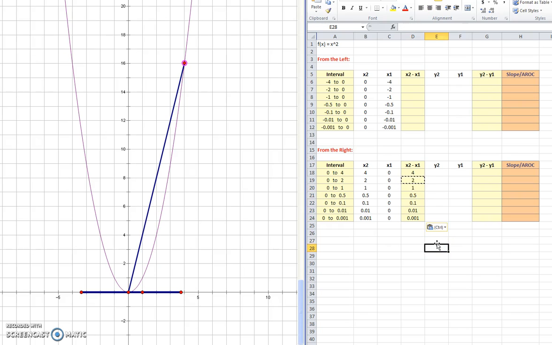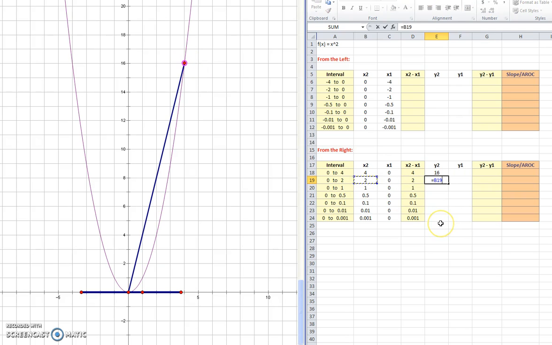I love Excel. Okay, so your y2, how do you get those numbers? Well, your y2 is going to be your x2 squared, because remember this is an x squared graph. If I want my y value, I'm going to have to take my x value and square it. So I get 16. That makes sense, see? 4 and 16. Let's do that again.